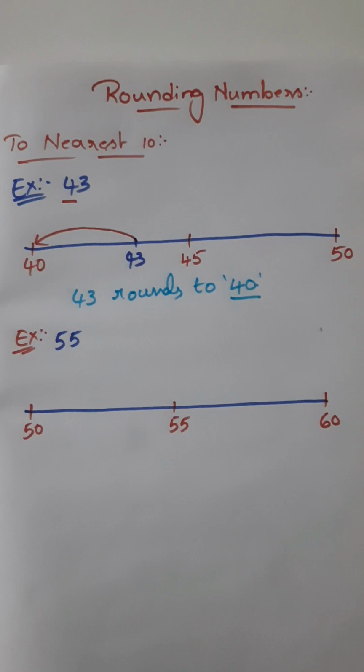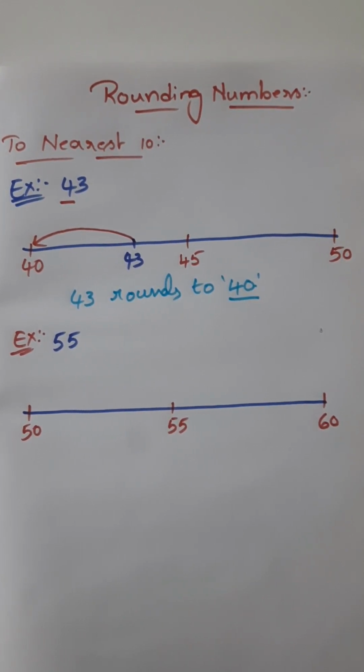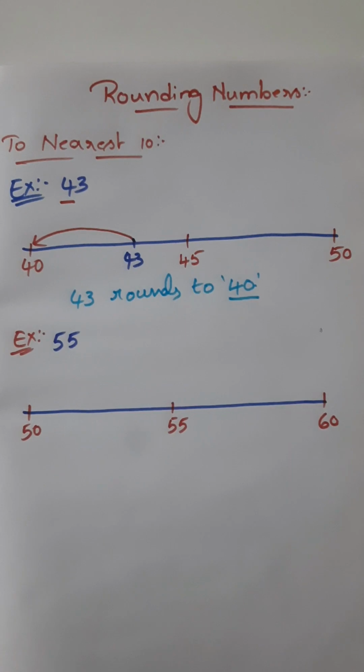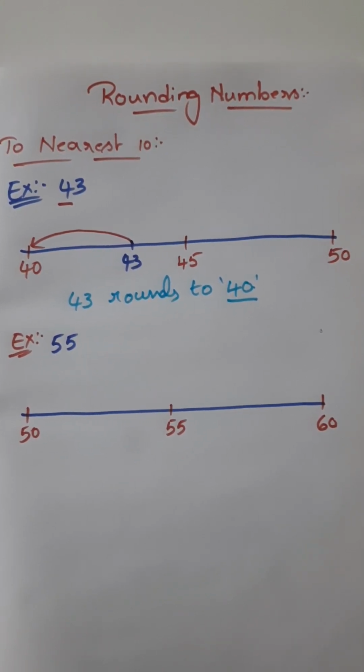Now listen carefully. Where is 55? We have to round 55 to the nearest 10, no? So where does this 55 lie? It is exactly on top of the midway number, no? It is the midpoint number. 55 is the midpoint number. Now tell me how we are going to round this.